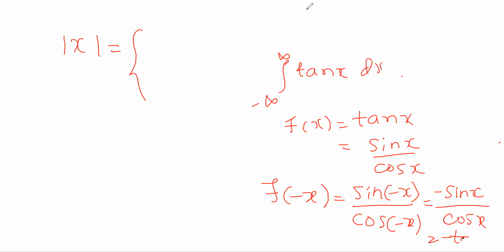So it becomes minus tan x, which means minus f of x. That is the condition for an odd function, right? Is it clear?